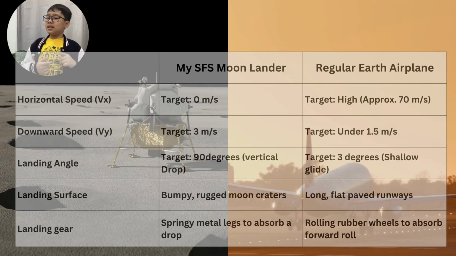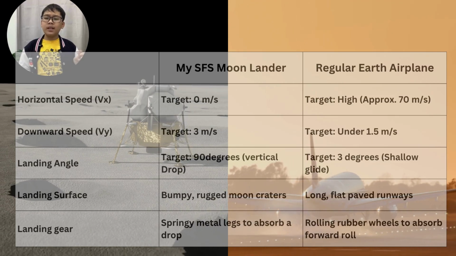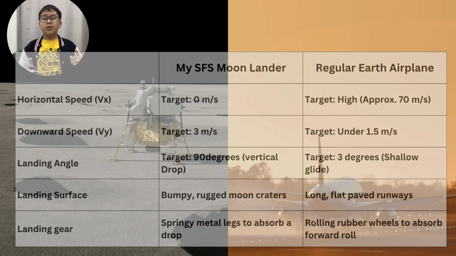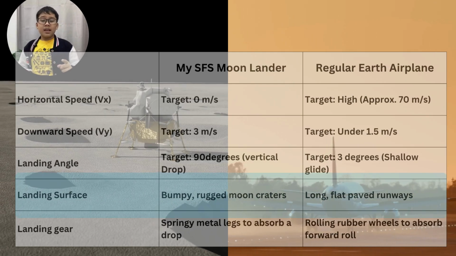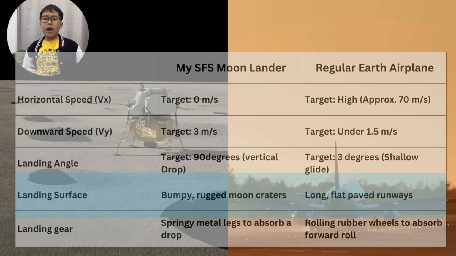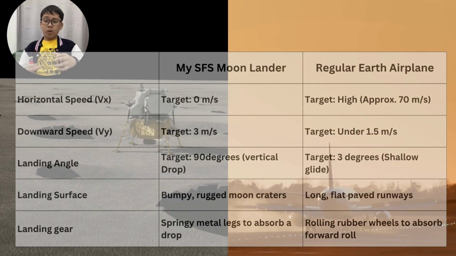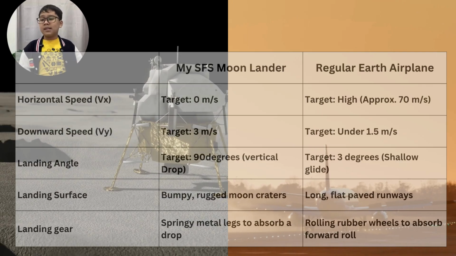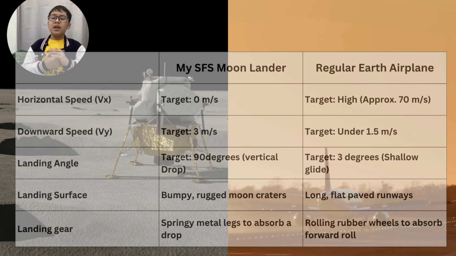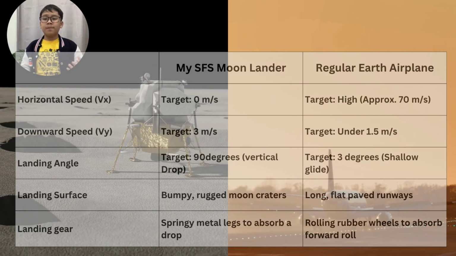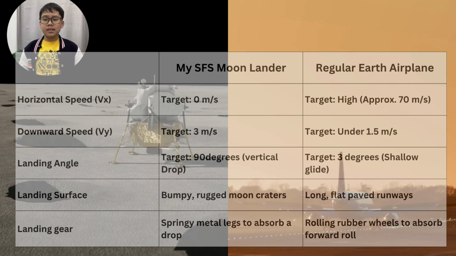However, my data collection inside SFS proved that copying an airplane's flight profile on the moon is a recipe for disaster, because space is a vacuum with no air for wings and no paved runways. Carrying high horizontal velocity causes the landing gear to snag on the lunar dust, tripping the vehicle into a catastrophic explosion, as seen in my early 4 and 5-degree crash tests.